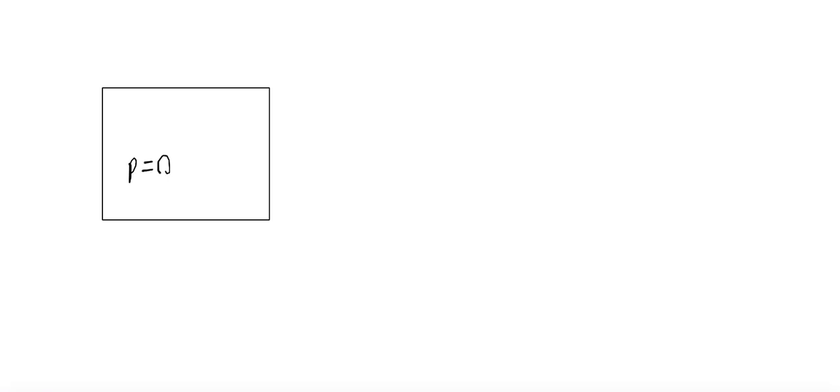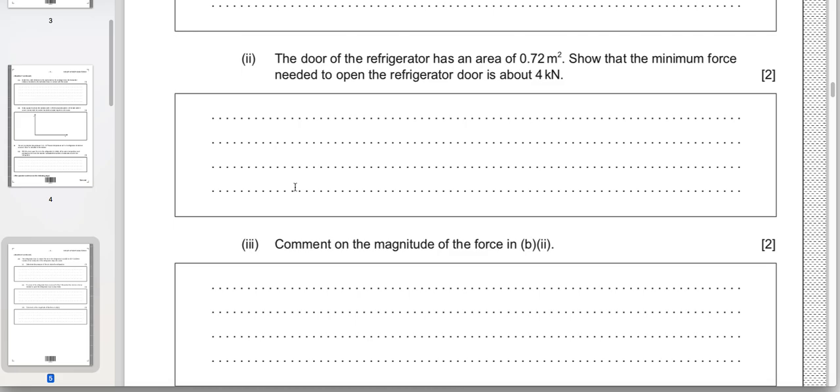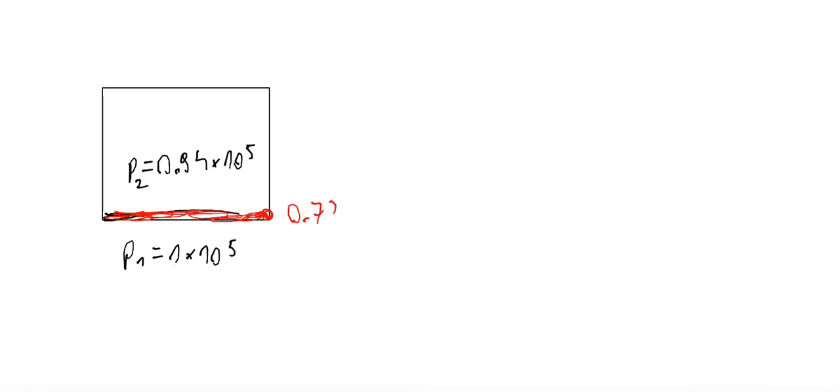We have a refrigerator which has an internal pressure of 0.94 times 10 to the power of 5, and the external pressure is 1 times 10 to the power of 5. We know the area of the door, in red, which is equal to 0.72 meters squared.